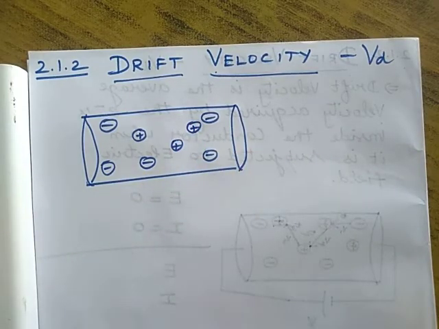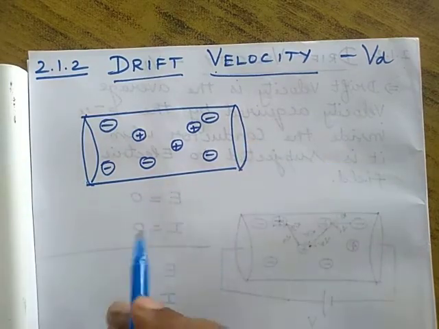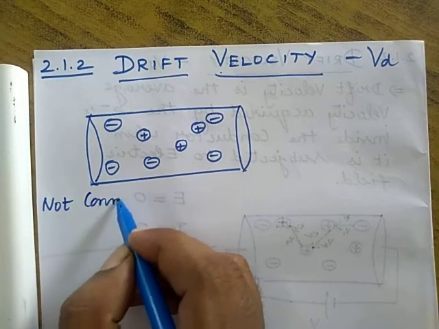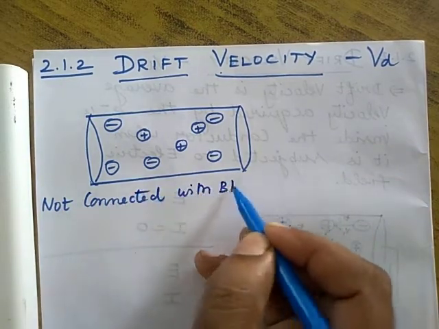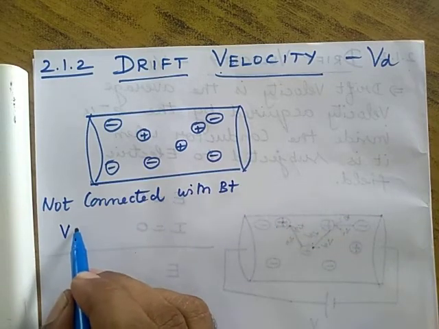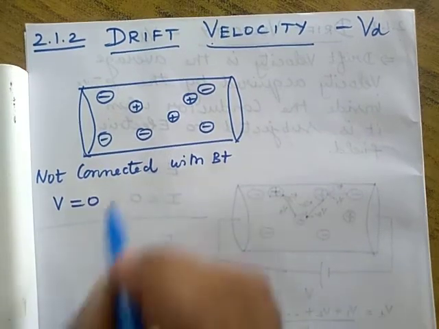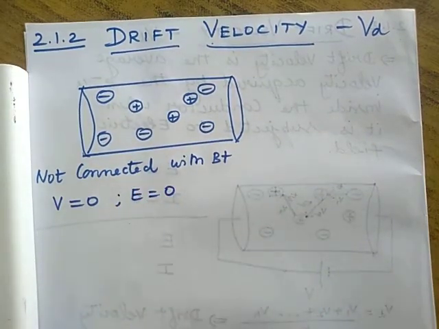Suppose this conductor is not connected to a battery. Then the potential difference must be 0, and the electric field for this case is also 0.